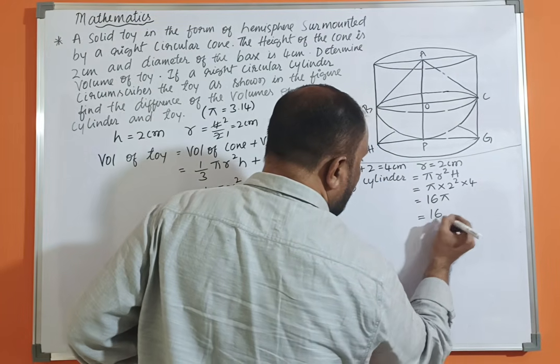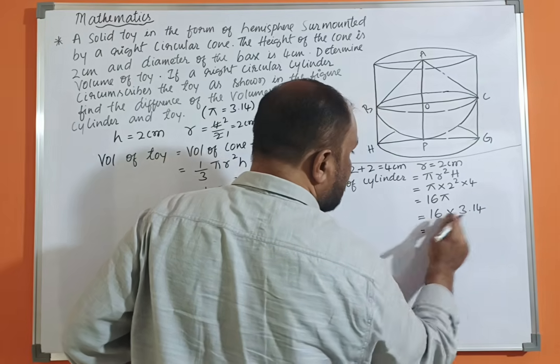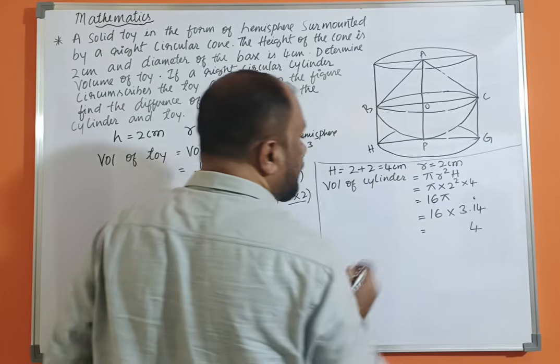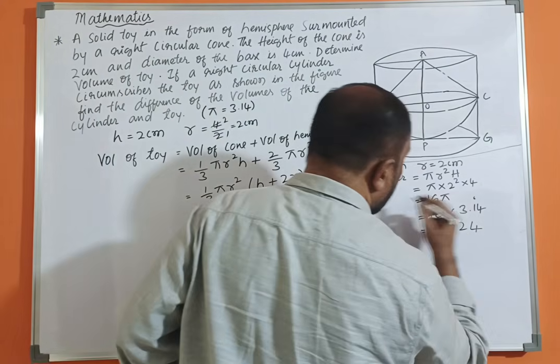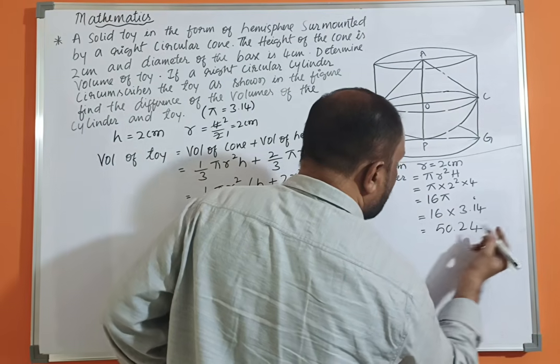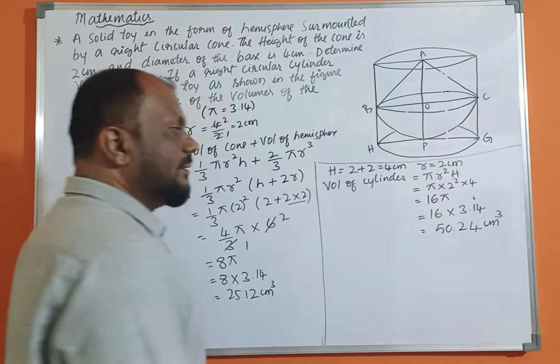So 16 into 3.14. 16 4s are 64, carry 6. 16 1s are 16 plus 6, 22, carry 2. 16 3s are 48 plus 2, 50. 50.24 cubic centimeter.